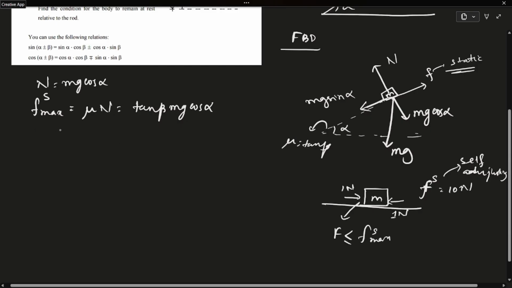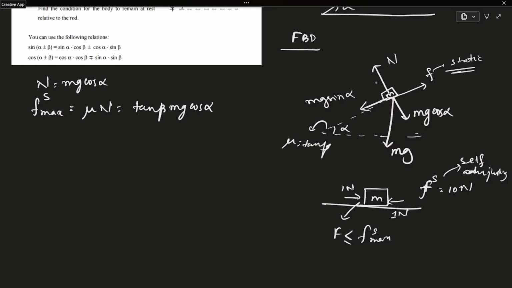Similarly here, what is F which will move the body downward? This is mg sin alpha. So mg sin alpha should be less than or equal to Fs max, which is tan beta mg cos alpha.